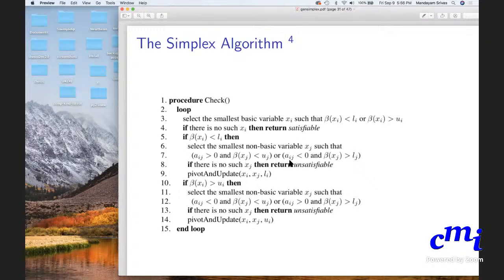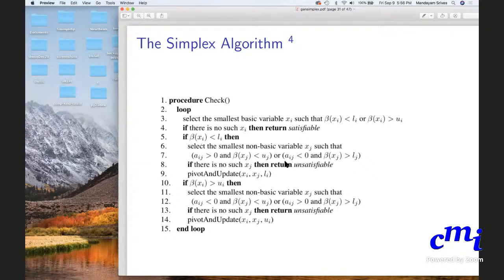Or if the coefficient is negative, then xj has to be greater than its lower bound, the non-basic variable, so that its value can be decreased to increase the value of xi.